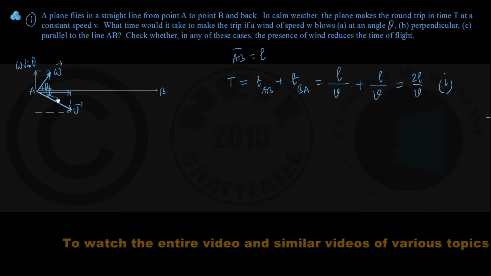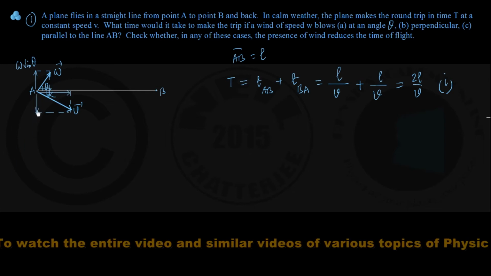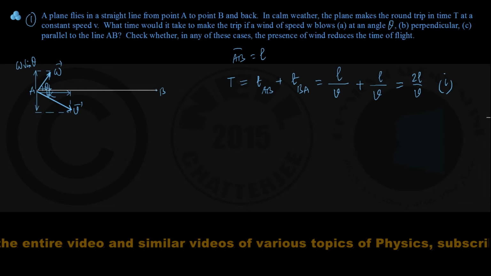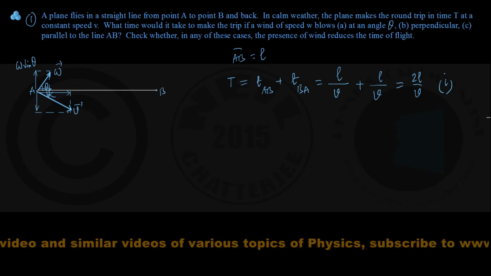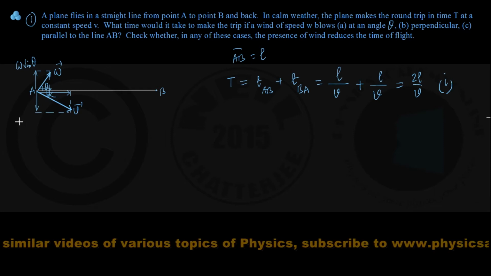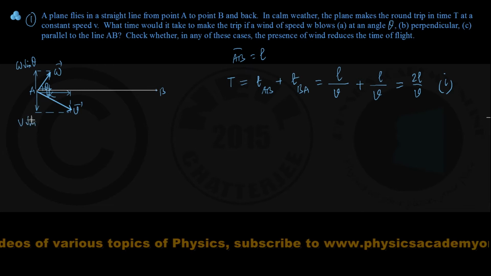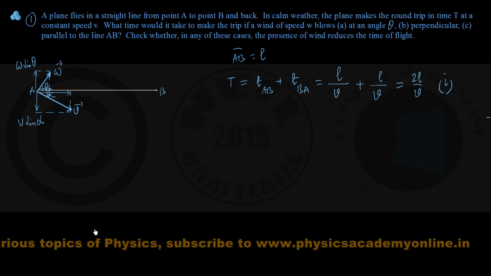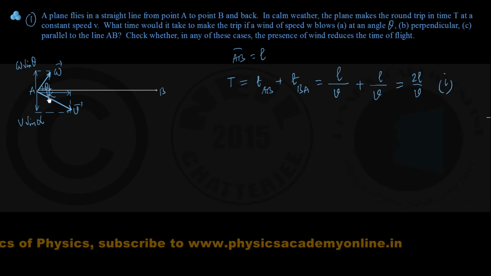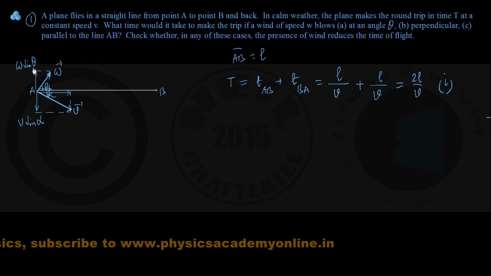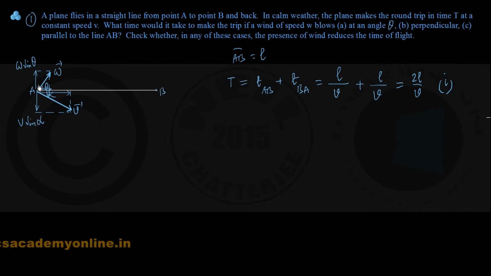One is along AB and the other is perpendicular to AB, and the one perpendicular to AB, if this angle is alpha, is of course coming out to be V sine alpha. I said the pilot's intention is to direct the plane in such a way so that W sine theta cancels out V sine alpha and there is no net component of velocity perpendicular to AB.